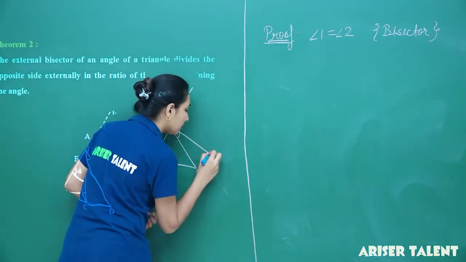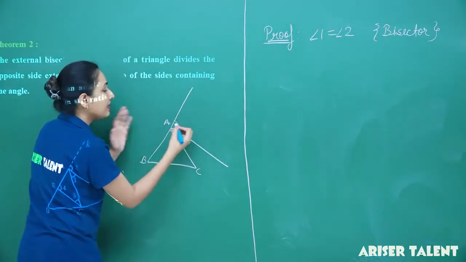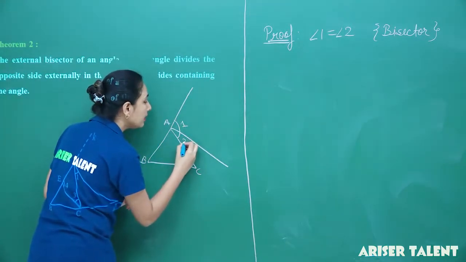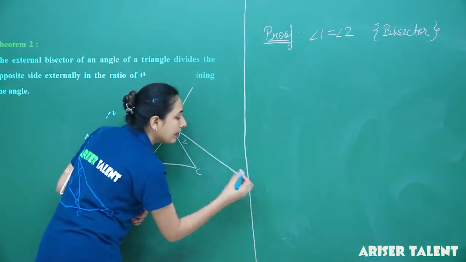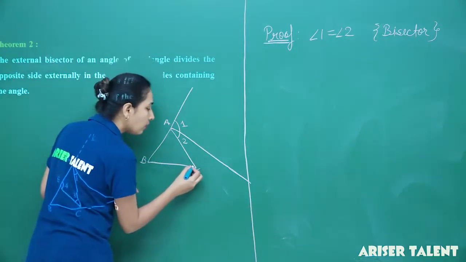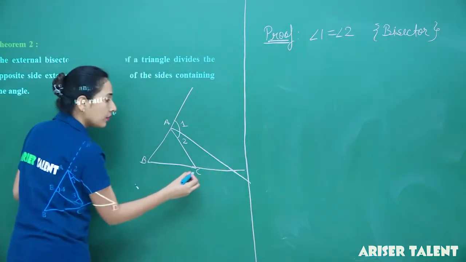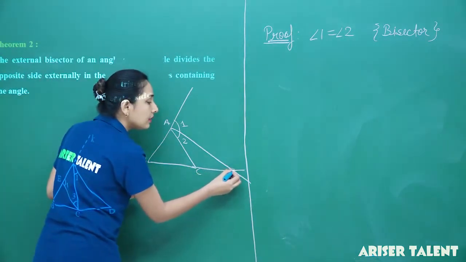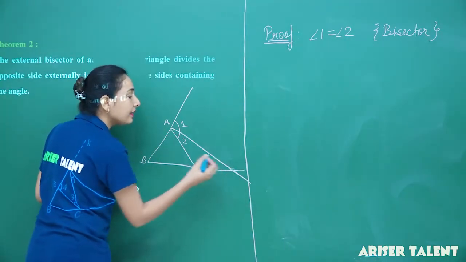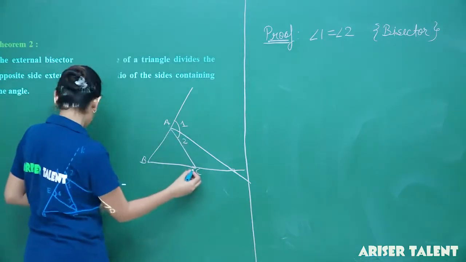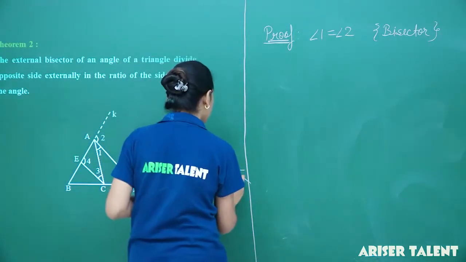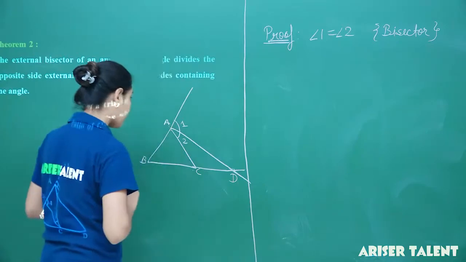I thought that I will be bisecting it in two parts, and I decide to bisect it and extend this line, okay. Now I extend also this line. So the intersection of these two lines created a point, and thus we have another triangle, and let us see it is D, right.